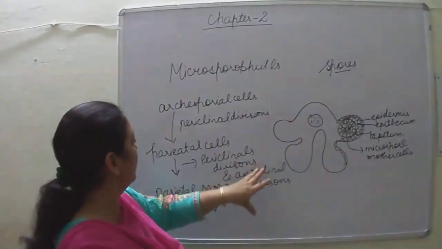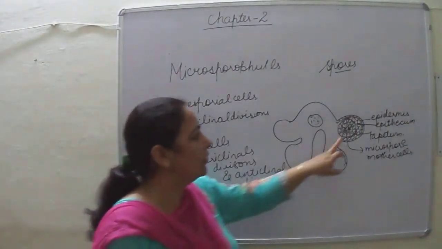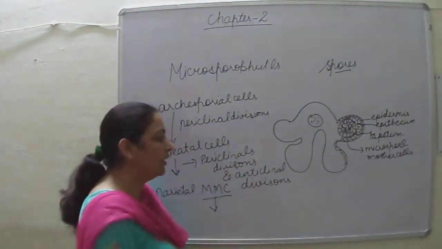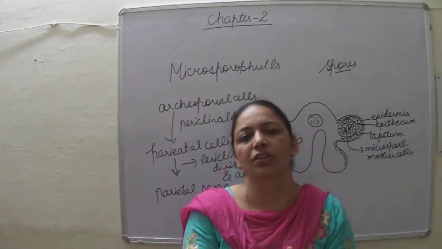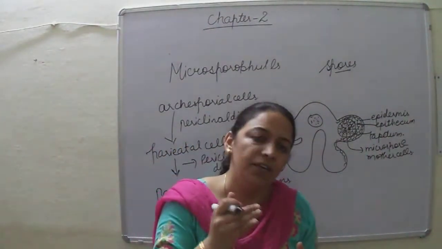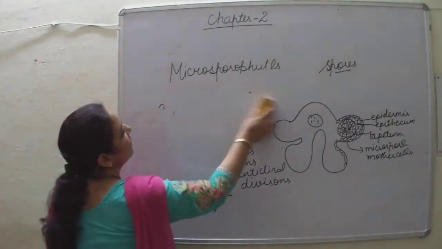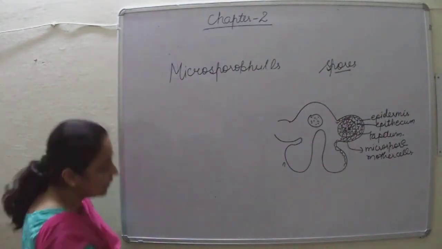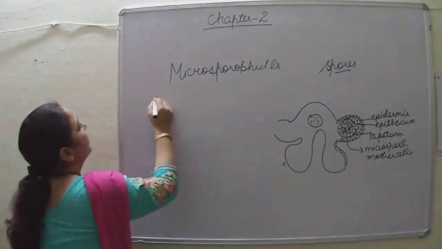Some of the microspore mother cells degenerate, and some make cytoplasmic interconnections with each other. With the development, they develop an internal layer known as callose.